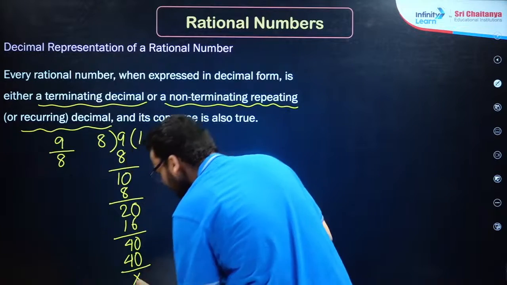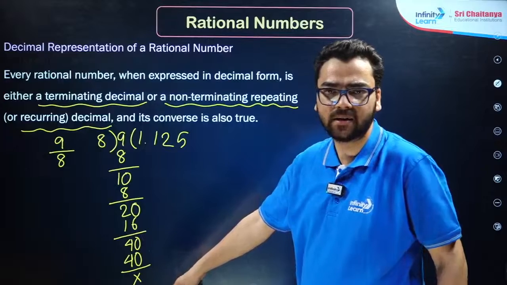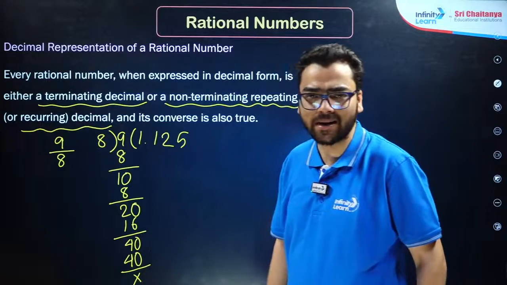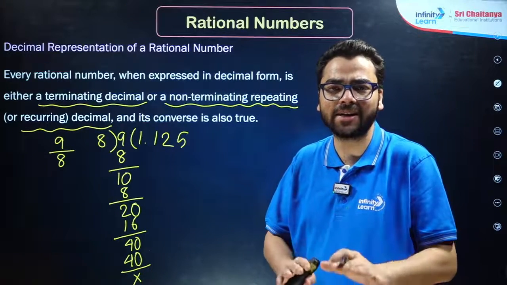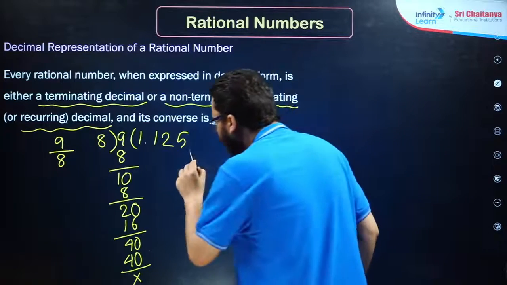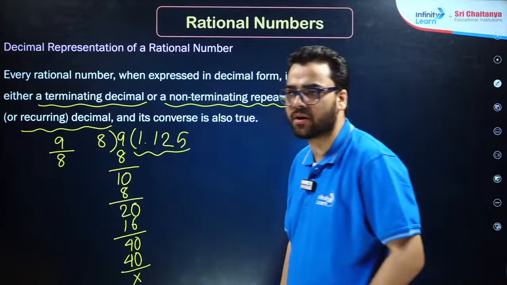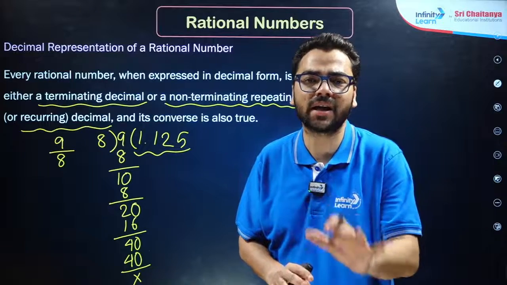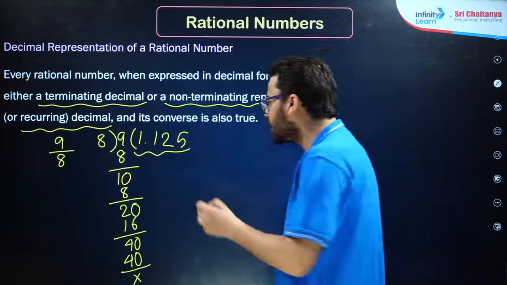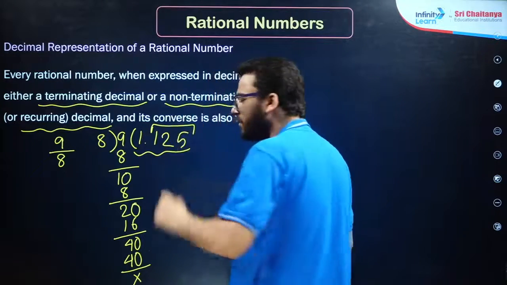So you see over here, there is no remainder at last. So when there is no remainder at last, it is for sure that the decimal representation will be a terminating decimal representation. What is the meaning of the word terminating? Terminating means it is stopping after some places of decimal.